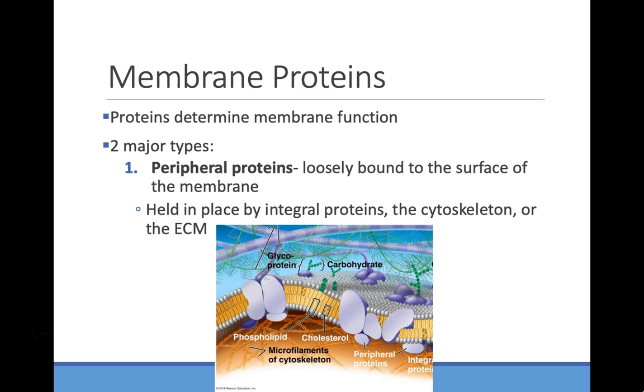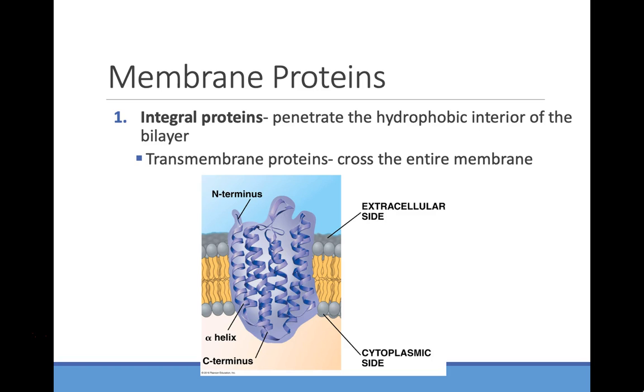And then we have other proteins, integral proteins, that are held within the plasma membrane. Integral proteins penetrate into and even across that hydrophobic interior. So they have a hydrophobic region around the center that allows them to interact and stay put within that hydrophobic region of the phospholipid bilayer.